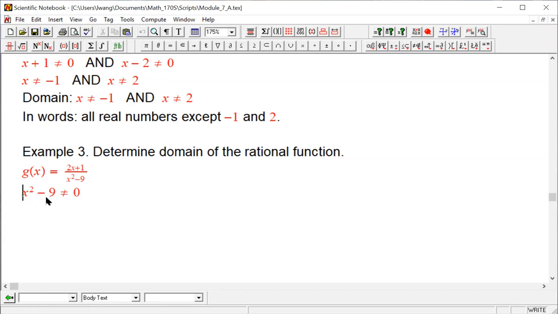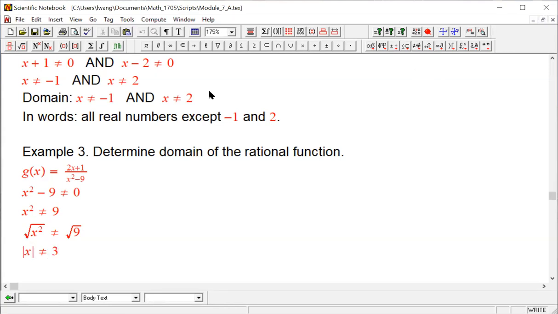If x squared minus 9 cannot be 0, that means x squared cannot equal 9. If we take the square root on both sides, we end up with the square root of x squared and the square root of 9. The square root of 9 is 3, and the square root of x squared is the absolute value of x, which cannot equal 3.